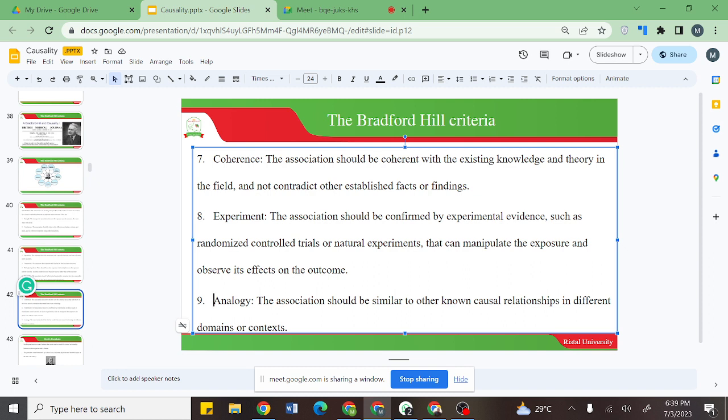So you still get the same relationship, whether you use the same form of exposure or another different form of exposure, whether you use different animals, it should be the same. That is what you call analogy.